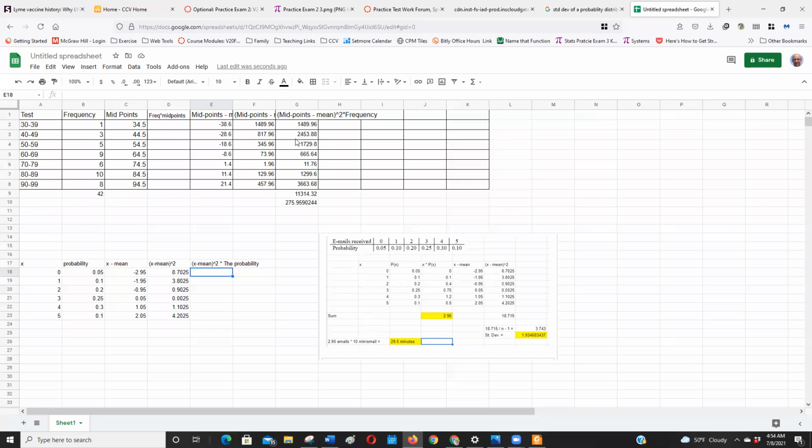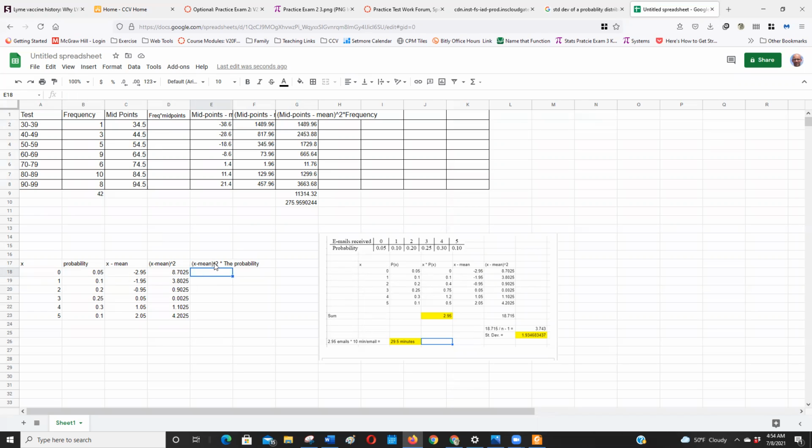So now we're at the point up here where I found the difference, the midpoint minus the mean, and then I squared each of them. So now we've got the x value, the random variable, minus the mean squared, but now we have to account for the frequency like we did up here. Well, the frequency is the probability.